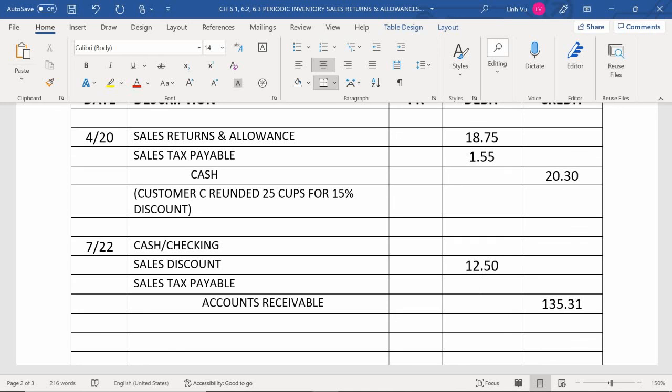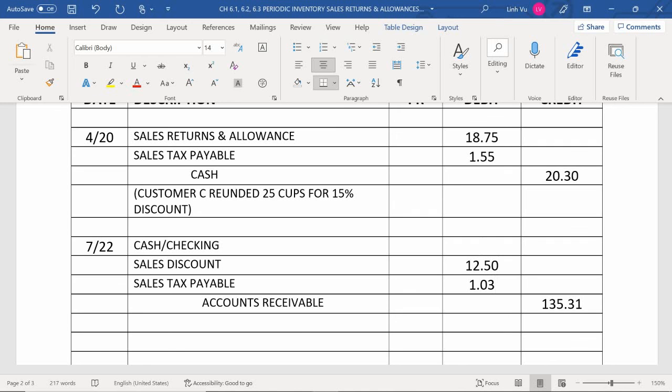I thought it was $1.03. Okay, because it's 10.31%, so it's going to be $1.03.